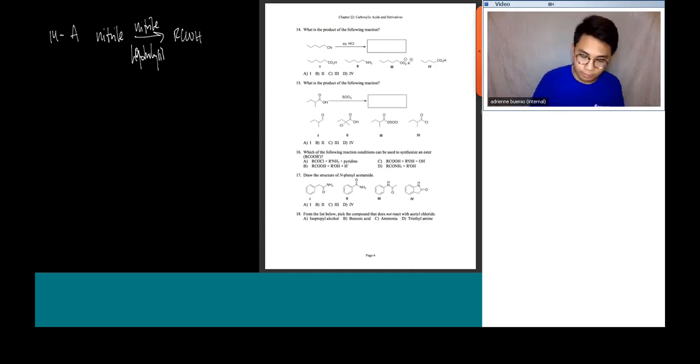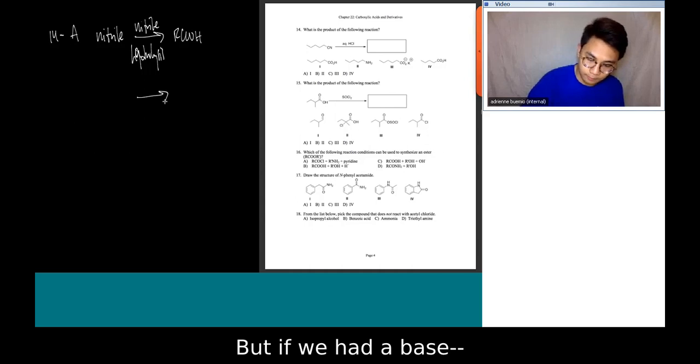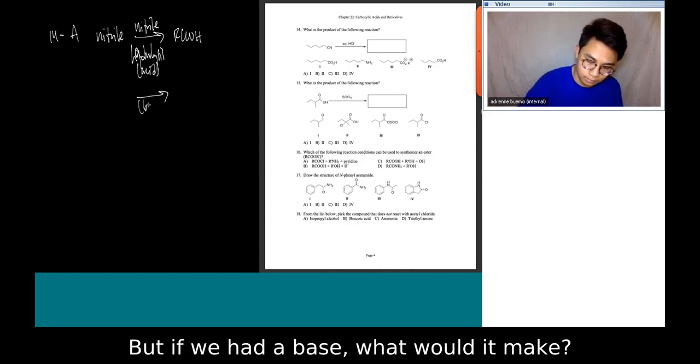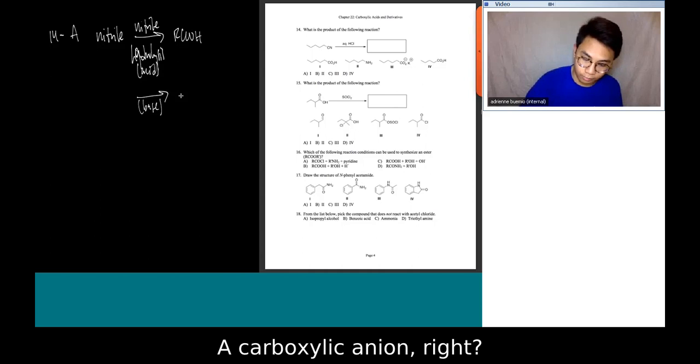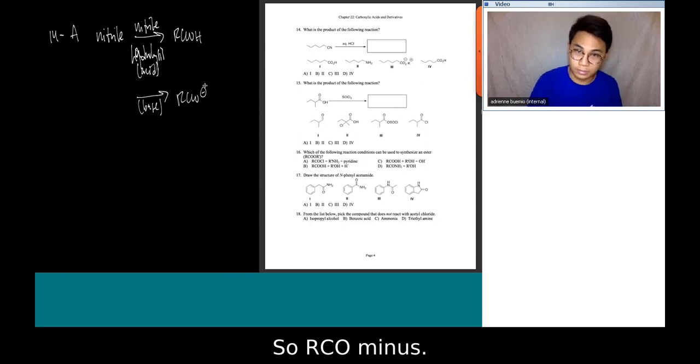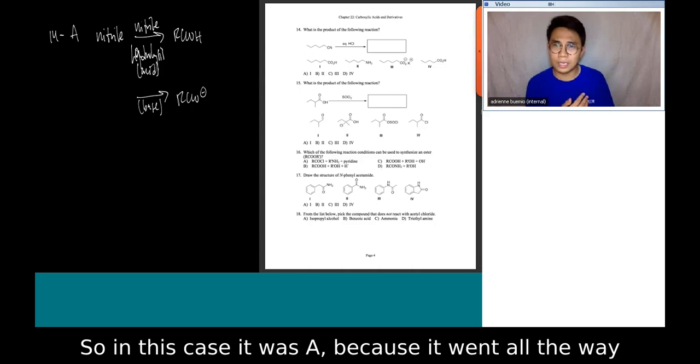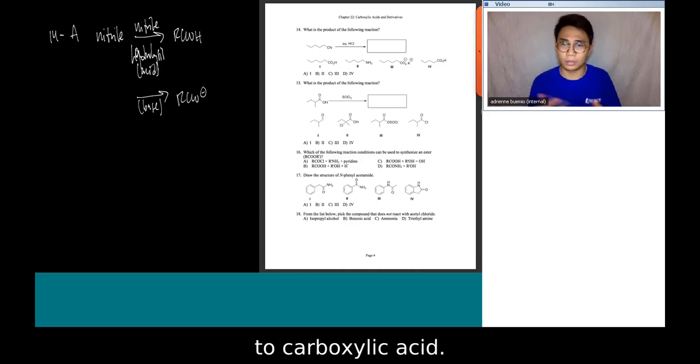So, this is with the acid, but if we had a base, what would it make? The carboxylate anion, right? So RCOO minus. That's what I was telling you with the acid and the base. In this case, it was A because it went all the way to carboxylic acid.